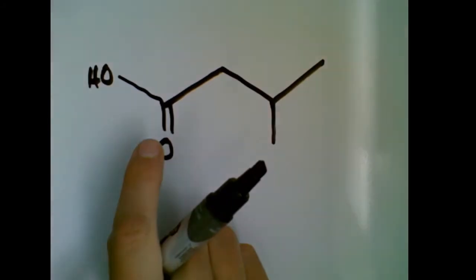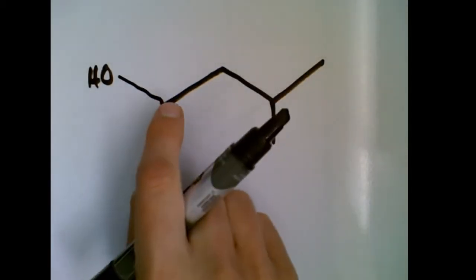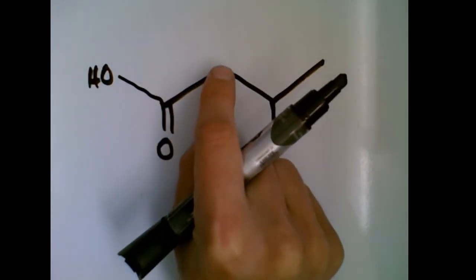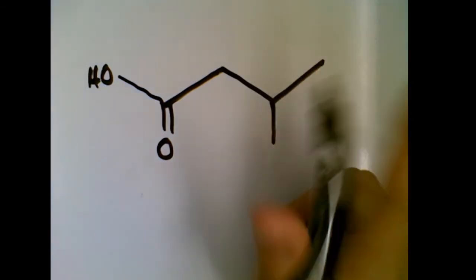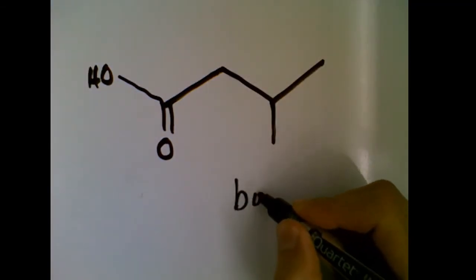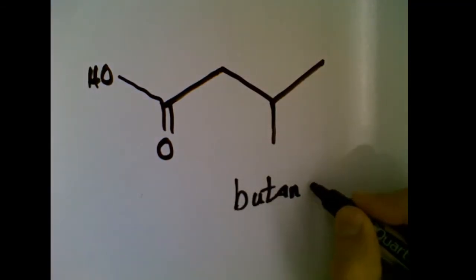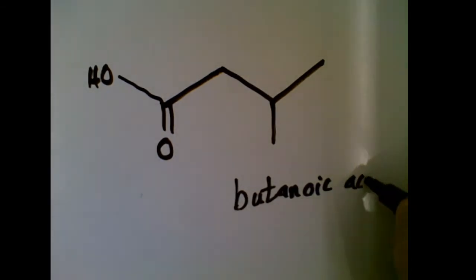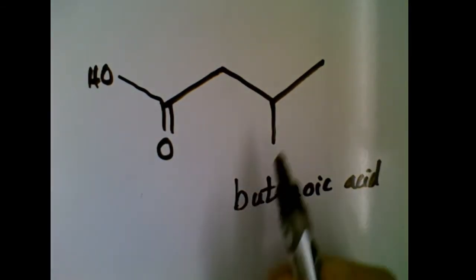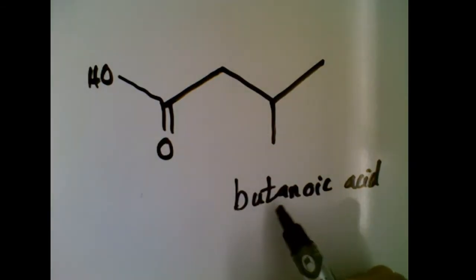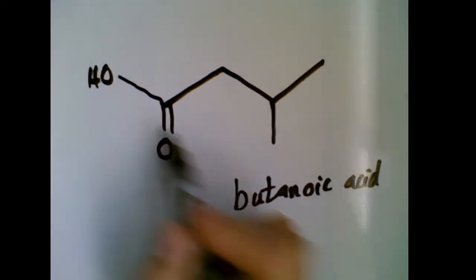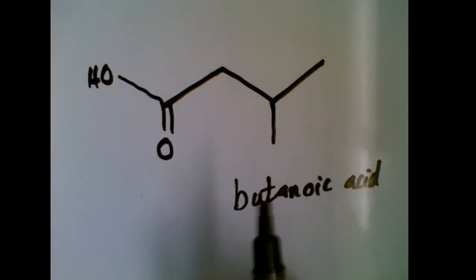So we have our carboxylic acid, this would be carbon number 1, 2, 3, and 4. So it's still going to be some kind of butanoic acid. And we know that because single bonds only for the -an-, carboxylic acid group for the -oic acid ending. And now we would want a number.